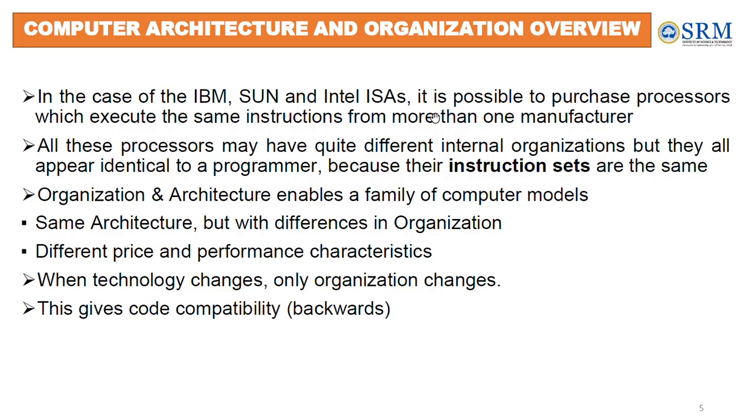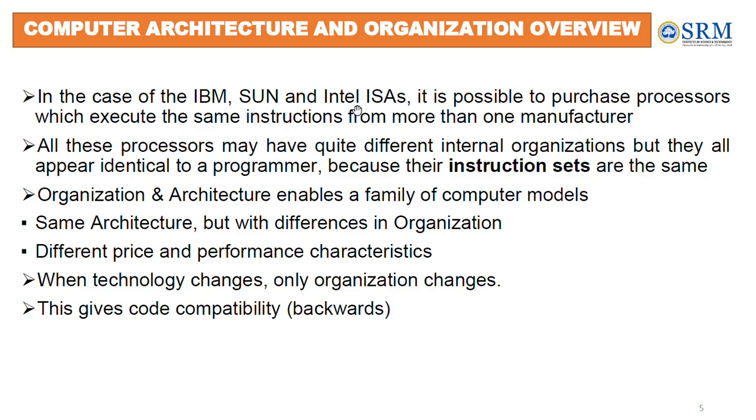In the case of IBM, Sun, and Intel ISAs, it is possible to purchase a processor which executes the same instructions from more than one manufacturer, because these manufacturers are different, but they run on the same ISA. So any one of them we can use for basic instruction set execution, not for the organization, because IBM processors may have a different organization, Sun processors a different organization, and Intel processors a different organization.